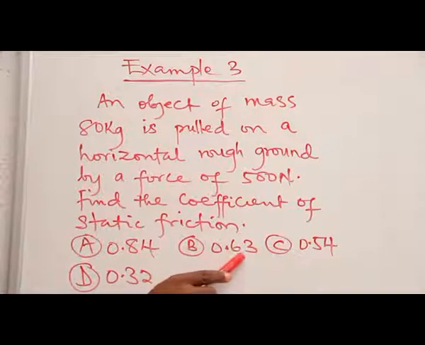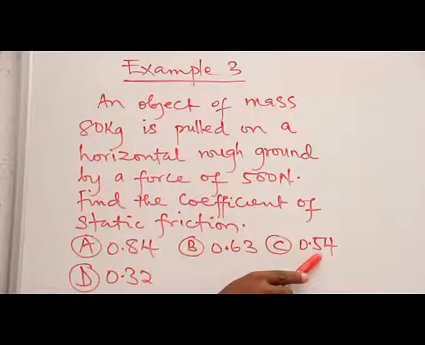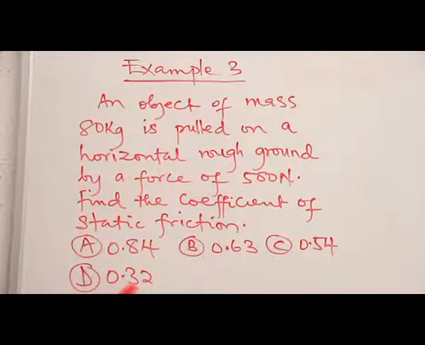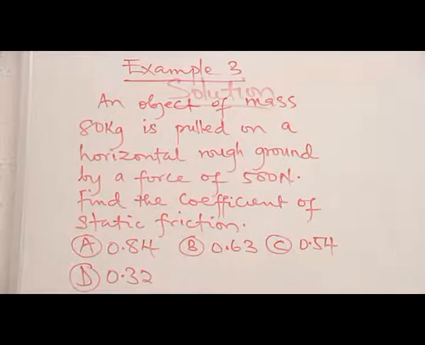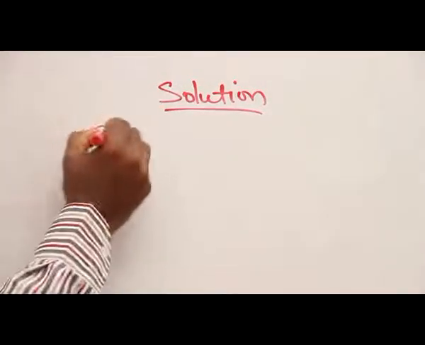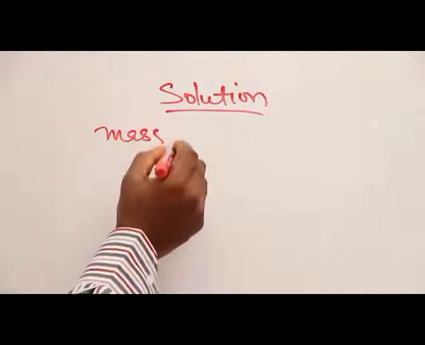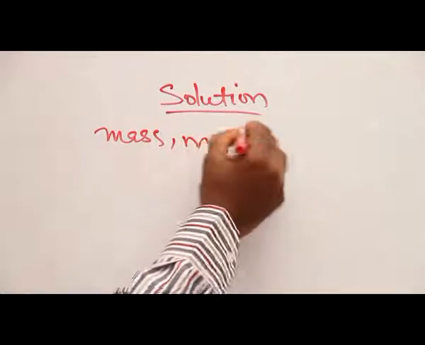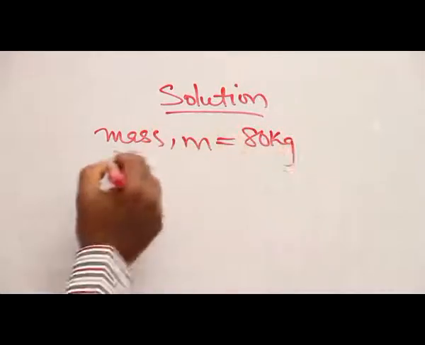B, 0.63. C, 0.54. And D, 0.32. We are given the mass of the object as 80 kg.